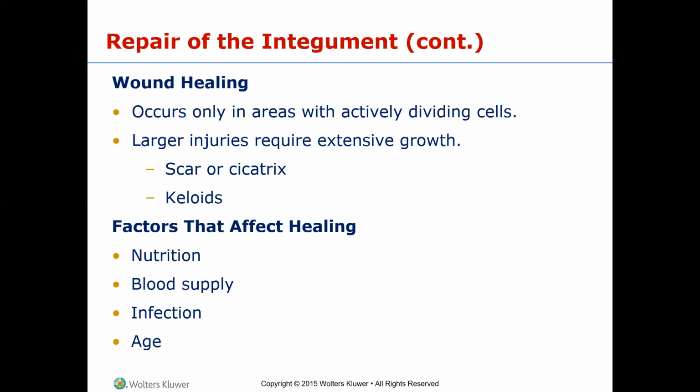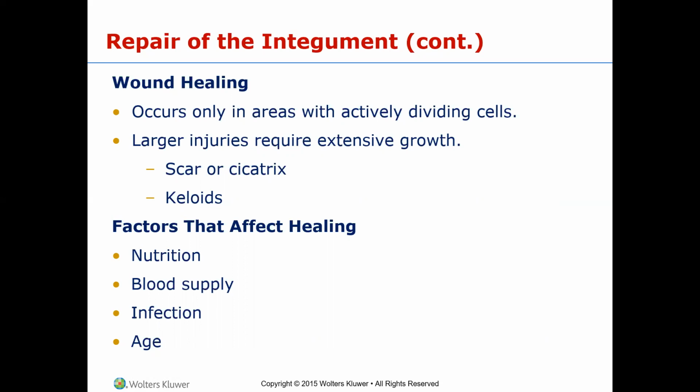And then sometimes keloids develop, and the keloids are part of that scar tissue that occurs, and it is going to cause a rough looking area with that scar, and so it's not as flexible.